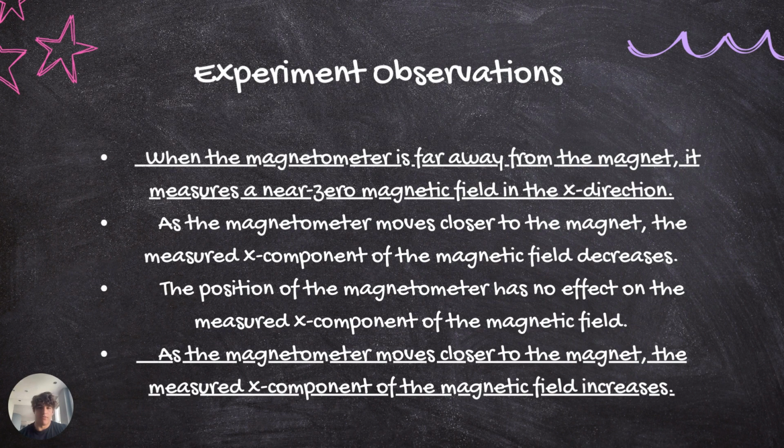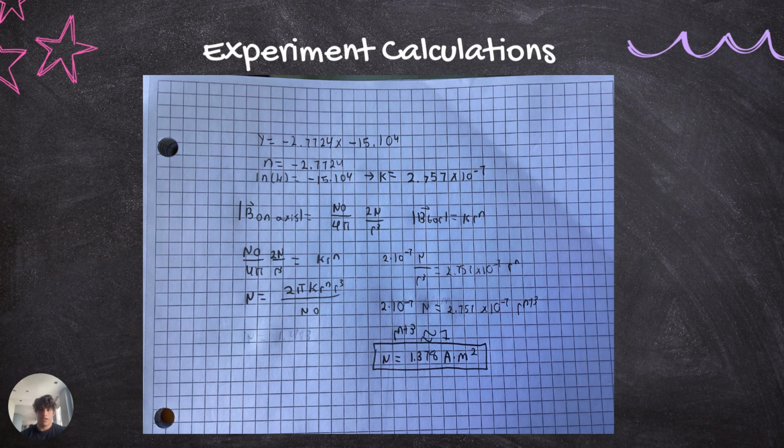For the third statement, the Earth's magnetic field also influences the magnetometer readings, so it is important to line up the magnetometer towards the north. And for the fourth statement, as the magnetometer moves closer to the magnet, the measured x component of the magnetic field does increase.